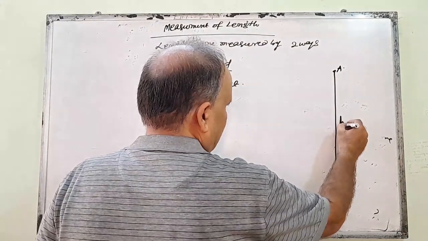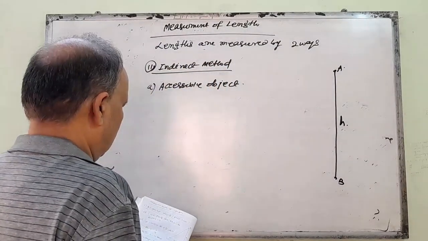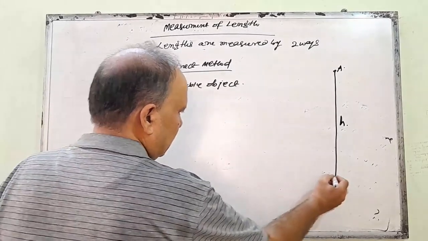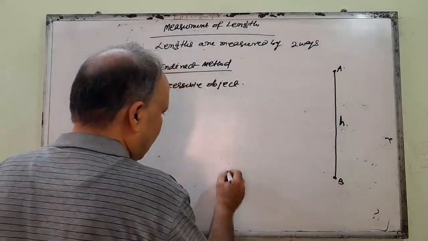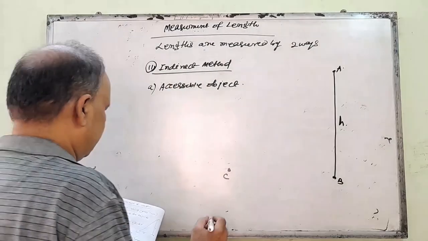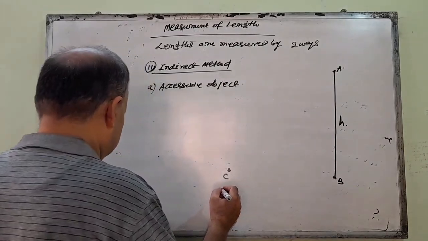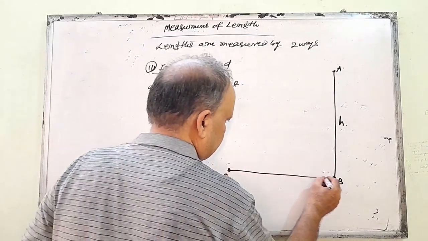Suppose h is its height. Let, in this plane, here is another point C. Let C is a point from AB at a distance x.